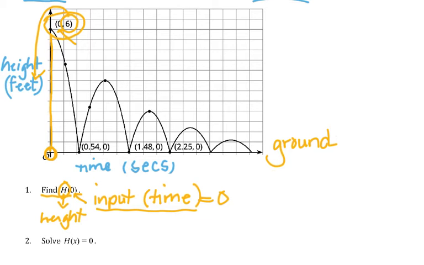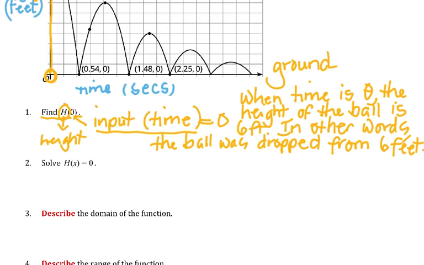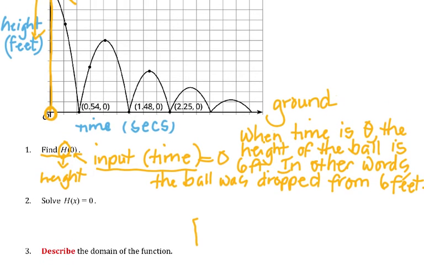I'm going to write that in. All right, so you can see what I wrote here. h of 0. h is the height. Input is time. Time is 0. I noted up here that when time is 0, the height of the ball is 6 feet. In other words, another way I could say that is the ball was dropped from 6 feet.